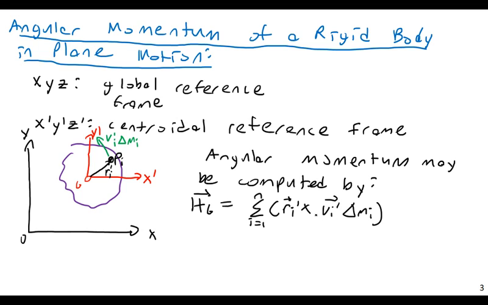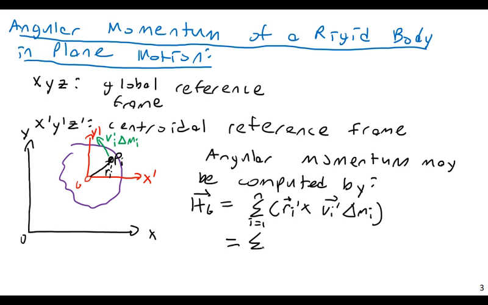Delta mi, i equals 1 to n. And then I can say, wait a minute, I know from earlier material a way to turn this vi, the linear or tangential velocity of a particle, into an angular velocity. So I'm going to do that.